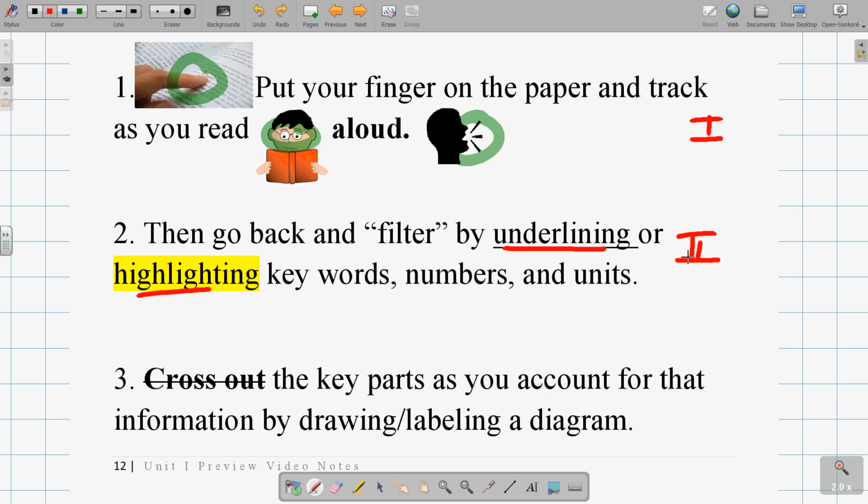That's called filtering. Look at the word filter. Pass number 3, I want you to physically cross out things as you account for them on a diagram, either drawing or labeling a diagram. 3 body parts, 3 times.